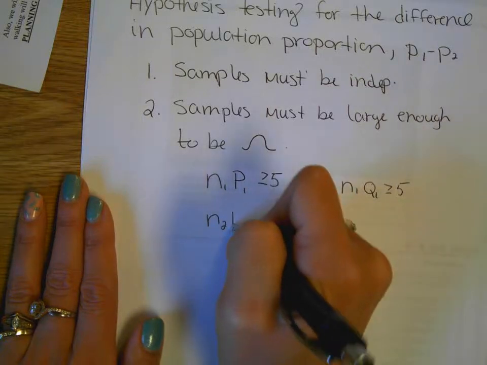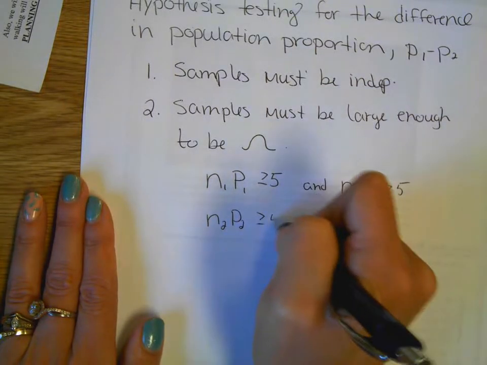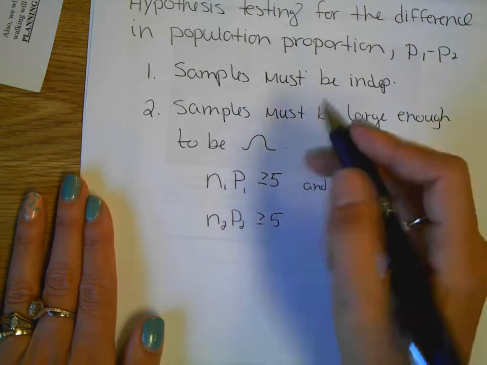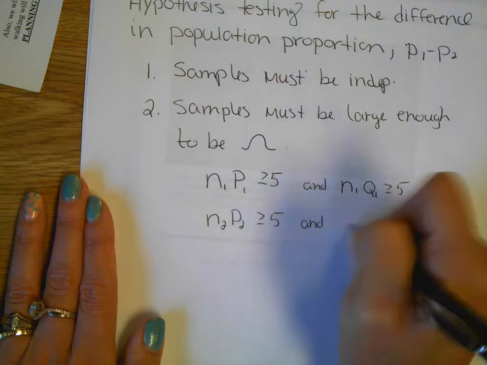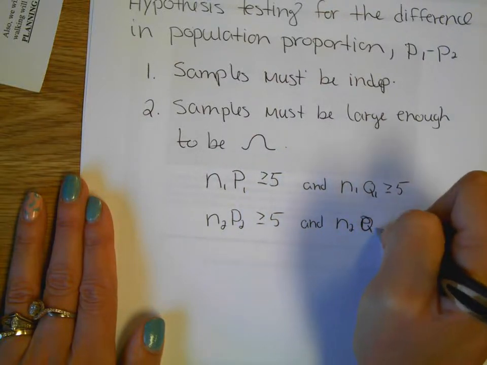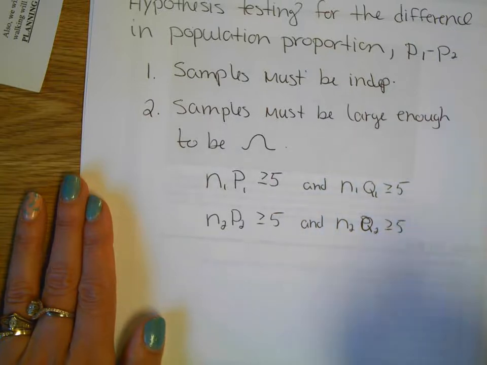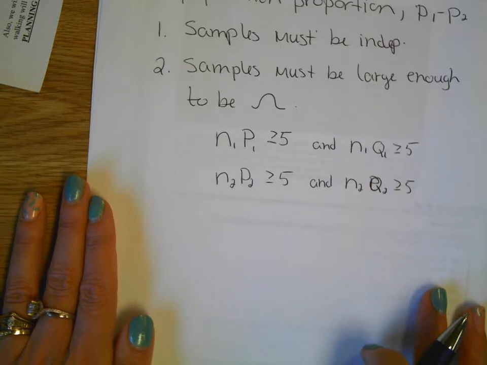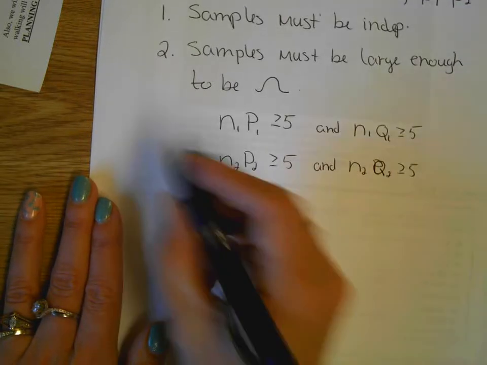So the sample size times the percent success and sample size times percent failure, all 4 of those have to work. Just watch it. You're going to have a question mark on 3 out of 4 of them are okay.